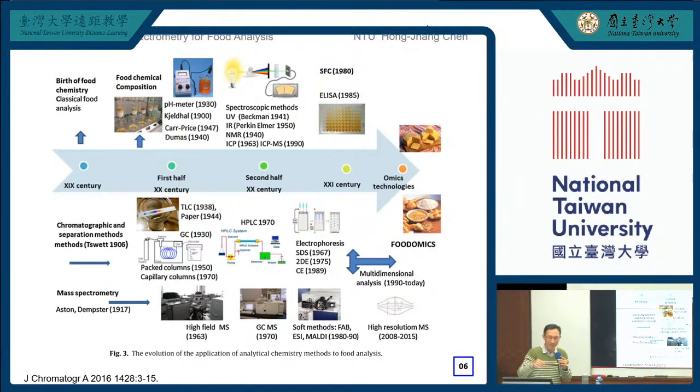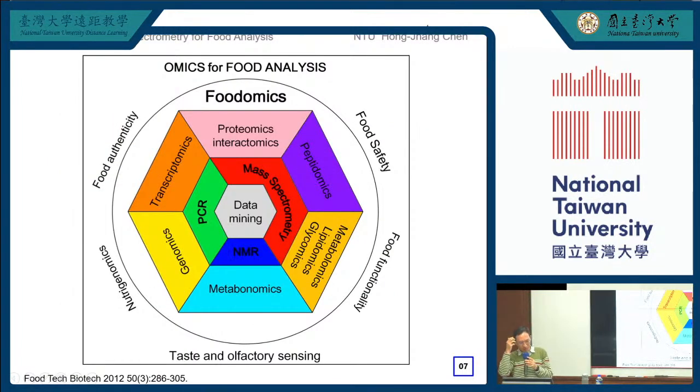But this term arises everywhere. Since 2011, Italian food scientists pointed out the term foodomics. They said, what is foodomics? Foodomics is a discipline that studies the food and nutrition domain through the application of omics technologies.